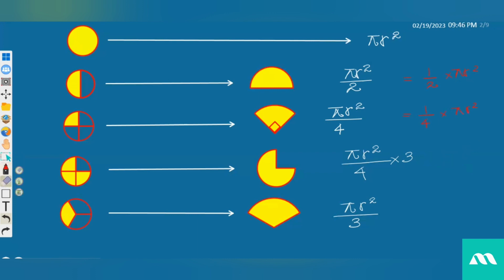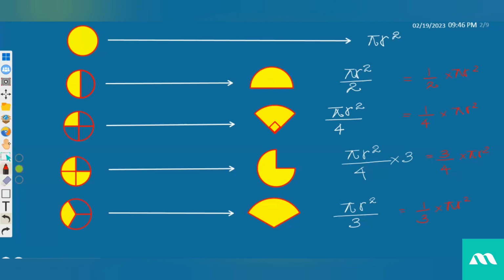This can be written as 3 upon 4 times pi r squared. Then here it is 1 upon 3 times pi r squared.